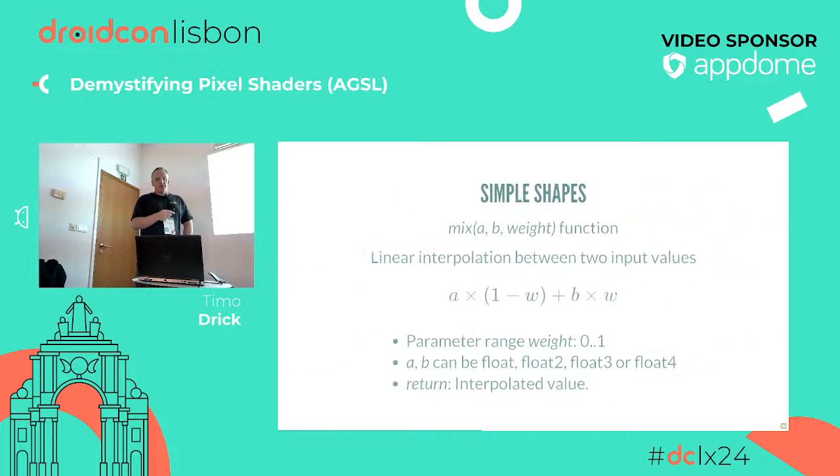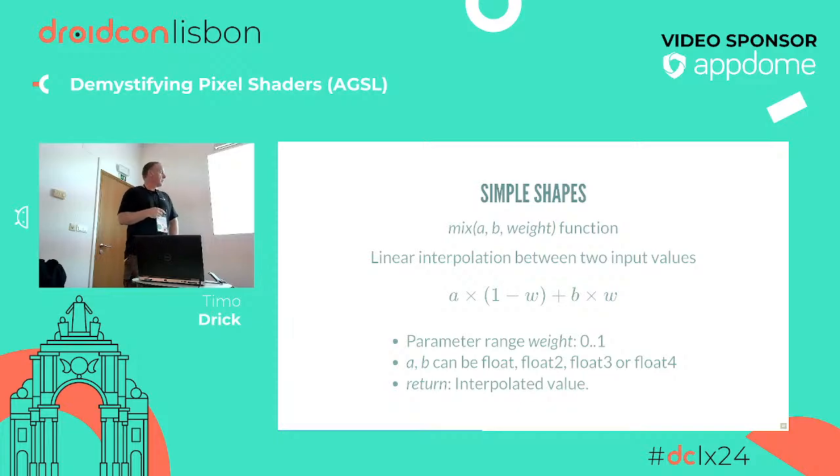Another thing we need is the mix function, so that we can mix two colors together, the background and the foreground color. You can mix anything, but this is just a linear function between both values. Here is the mathematical function, but it's not so important that you know it. This mix function is also built in the shader code.